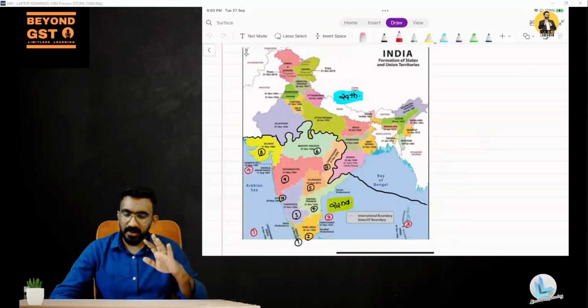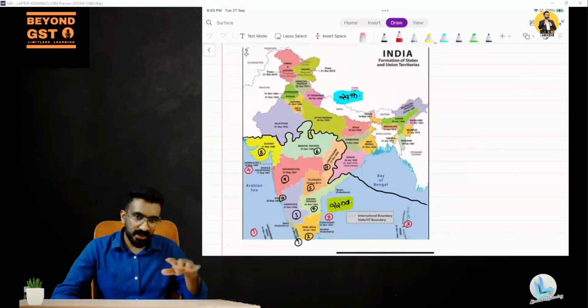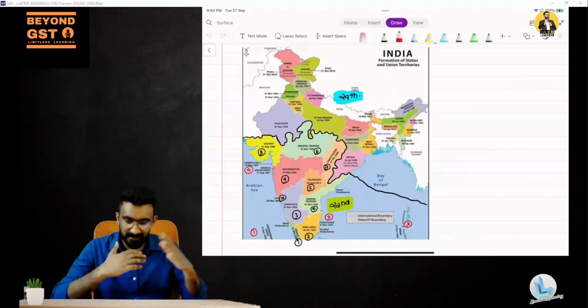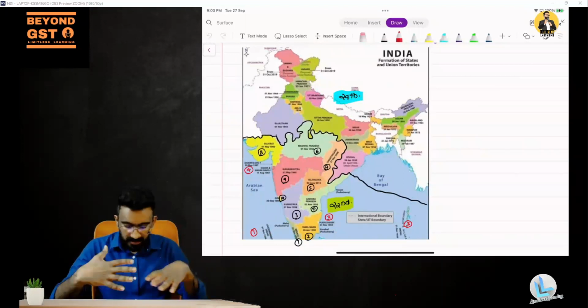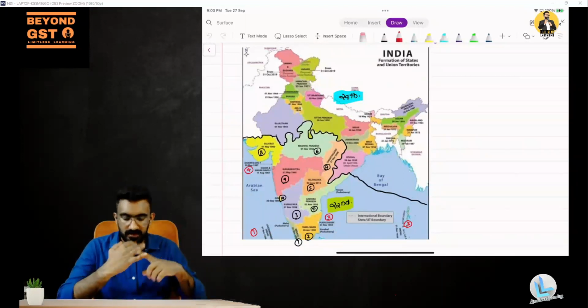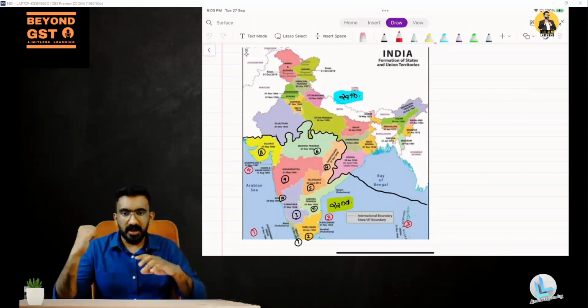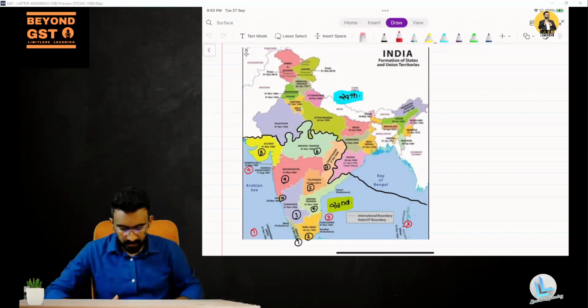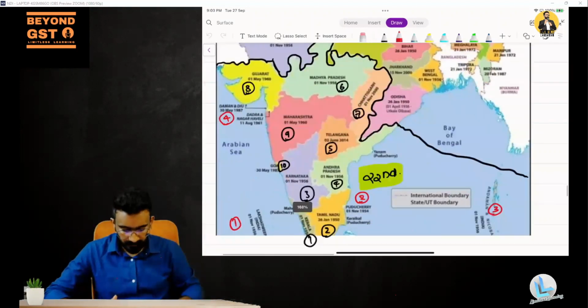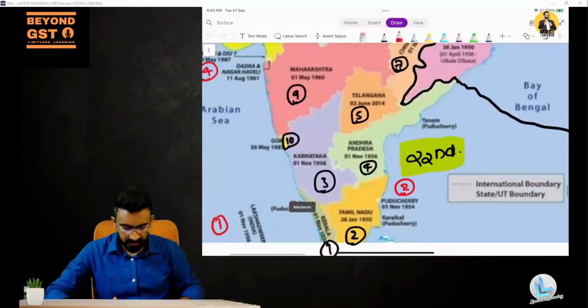You are just putting India into 2 different segments. So all the states that are coming under South, Middle, which means Central India, South India, Central India, and the western part of India. Okay, which are the states that come under South? 5 states: Kerala, Tamil Nadu, Karnataka, Andhra Pradesh, Telangana.